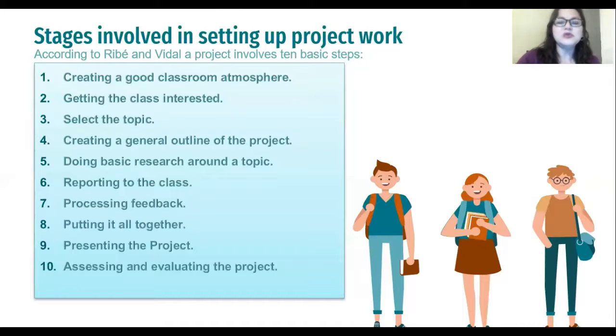The stages involved in setting up a project, according to Rivera and Vital, involve 10 basic steps. Creating a good classroom atmosphere, getting the class interested, selecting the topic, creating a general outline of the project, doing basic research around the topic, reporting to the class, processing feedback, putting it all together, presenting the project, and assessing and evaluating the project.